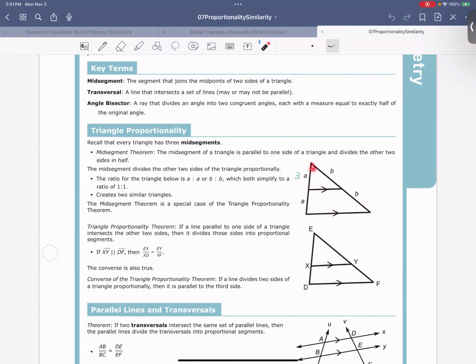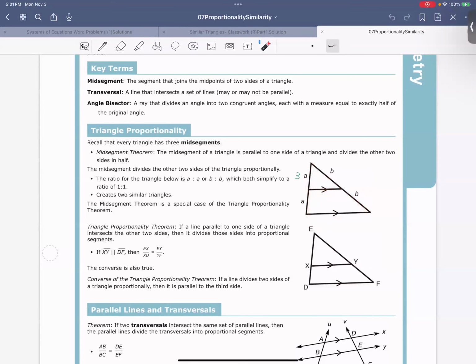This is called the reflexive property. Because this is the midpoint, that divided by that is 1/2, and that divided by that is also 1/2. So based on side-angle-side, you prove these two triangles are similar.